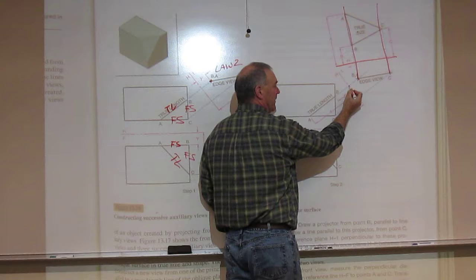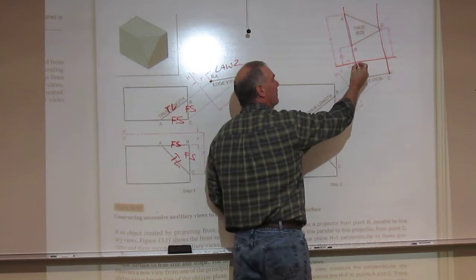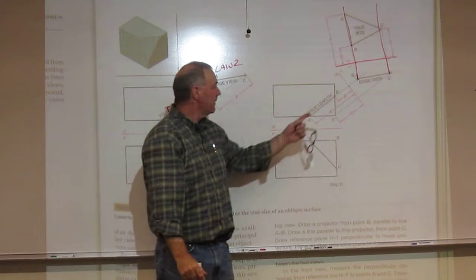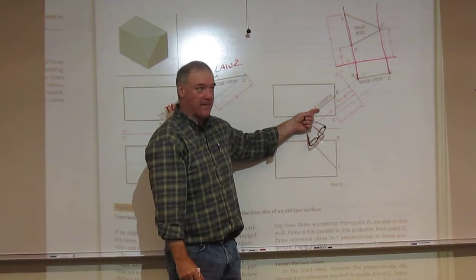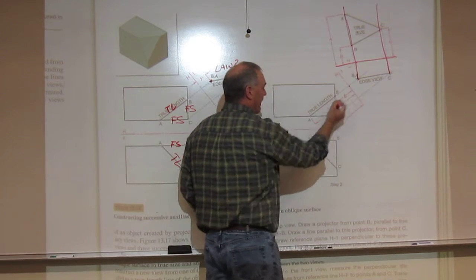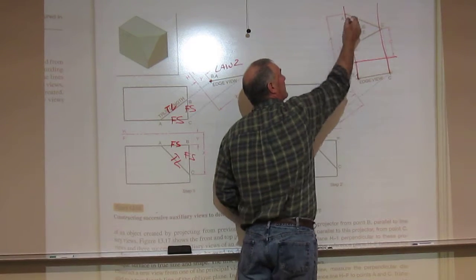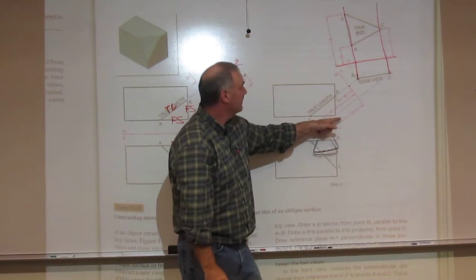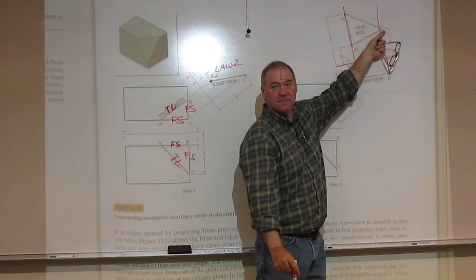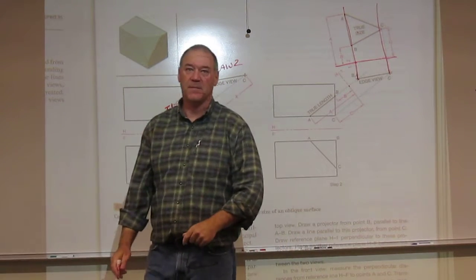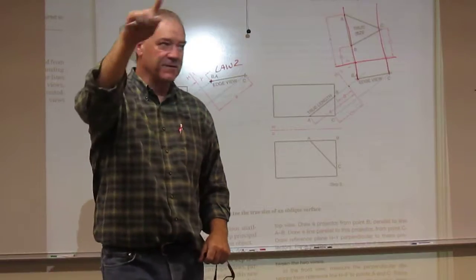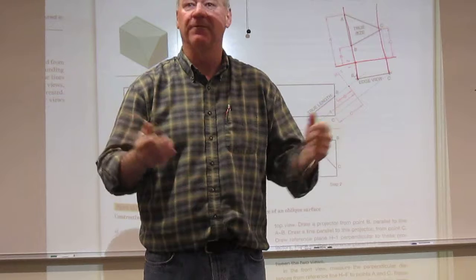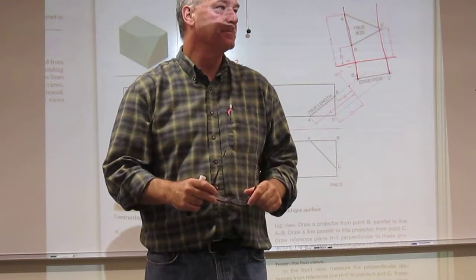The distance from viewing plane to B will be the same as fold line to B. So we go back to a related view that's two back. Distance from fold line to A will be the same as fold line to A. Fold line to C, same as fold line to C. That's how we get the missing dimension. Once we find those points, we just digitize the shape around, join our points, and we've got it.